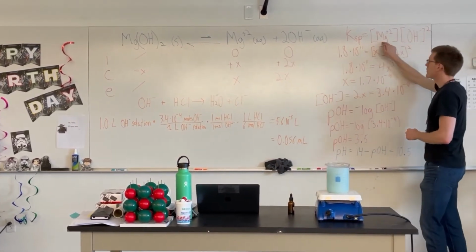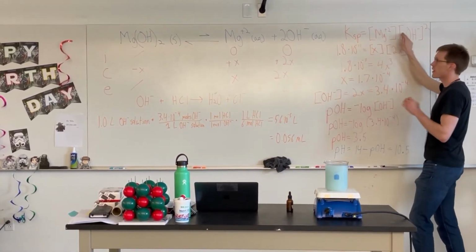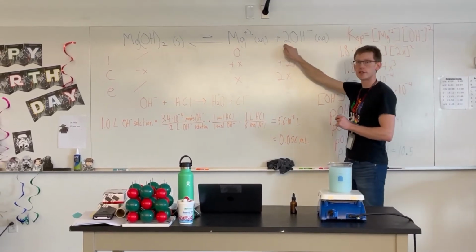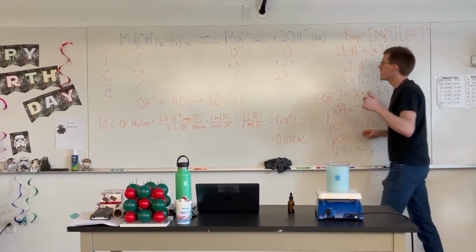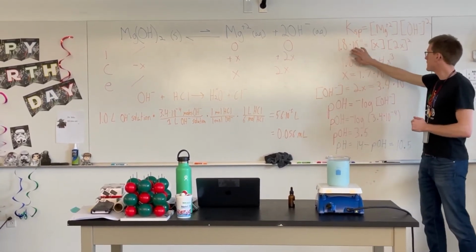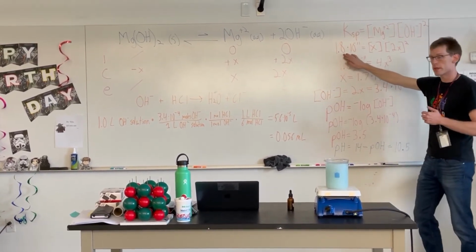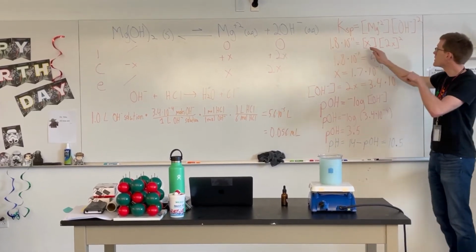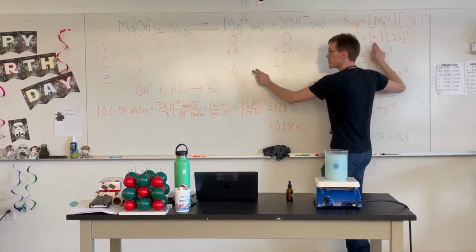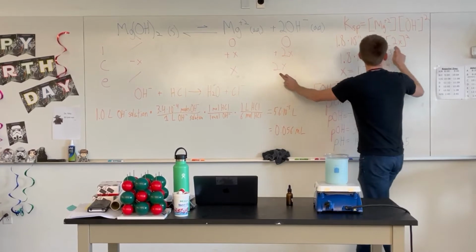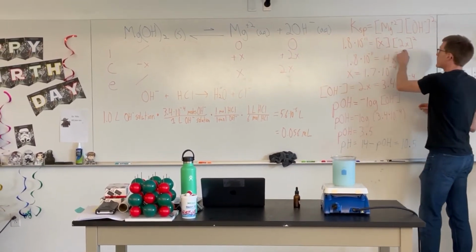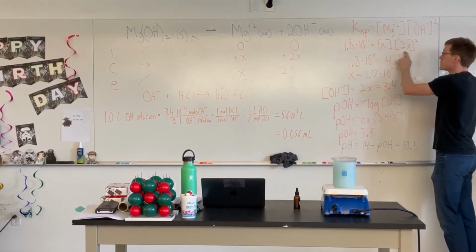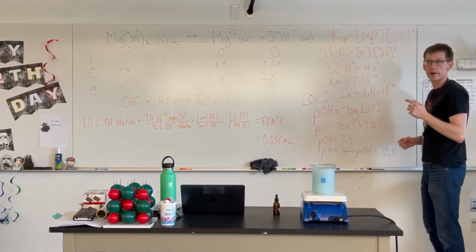So we have magnesium ions times hydroxide ions, but because of that coefficient of 2, this is squared. At equilibrium, we have the Ksp, which happens to be 1.8 times 10 to the negative 11th, equal to the concentration of magnesium ions times the concentration of hydroxide ions squared. Now that concentration of hydroxide is, again, 2x, but we still have to square it.